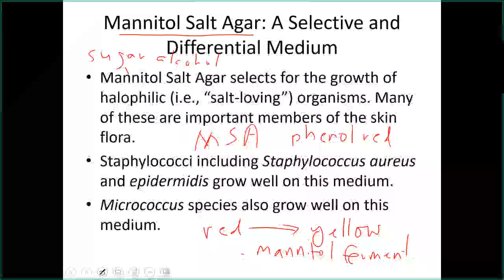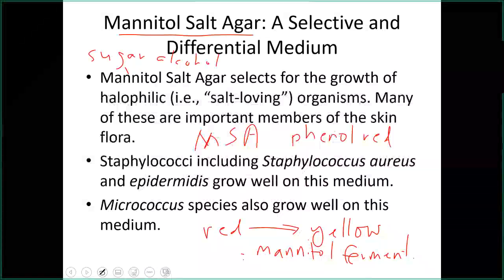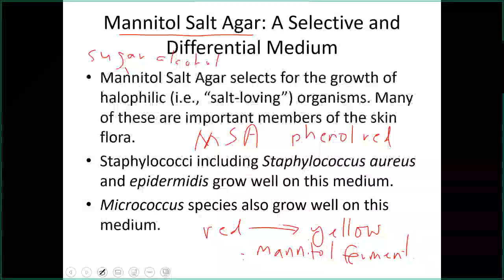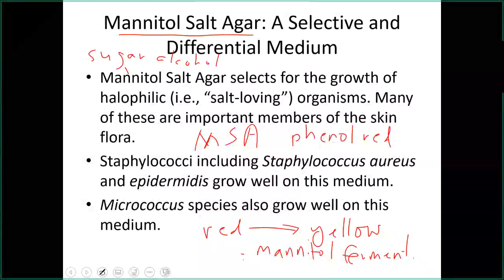Now, there are some organisms that can grow on this that won't use the mannitol. Right? They'll be fine to grow on there because they can utilize the other nutrients that are present. Others may not be able to. Okay, so here's the possibilities: no growth at all. That would indicate that the MSA has inhibited organisms entirely. Growth without yellow color means an organism can get by on this stuff and do well.